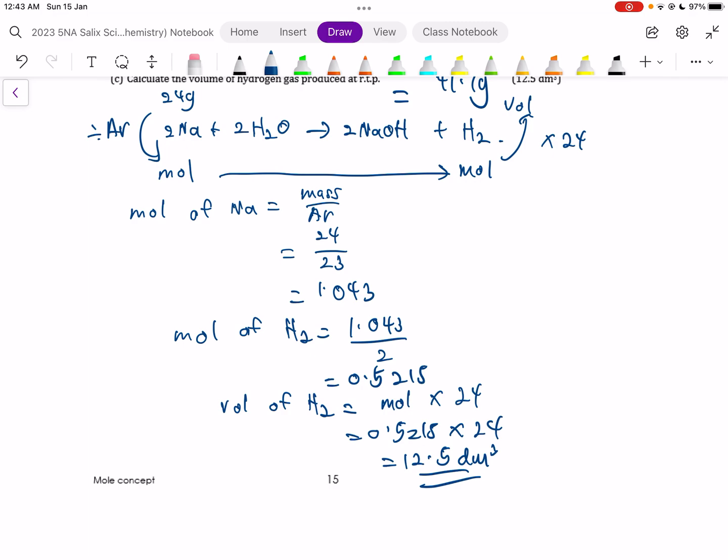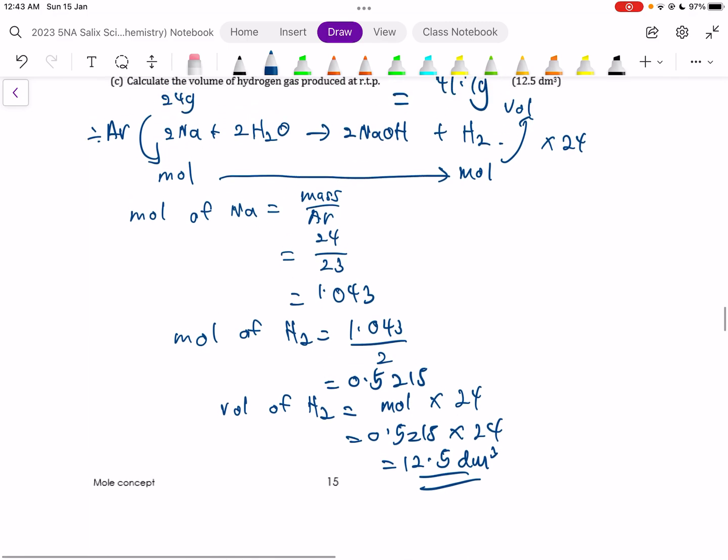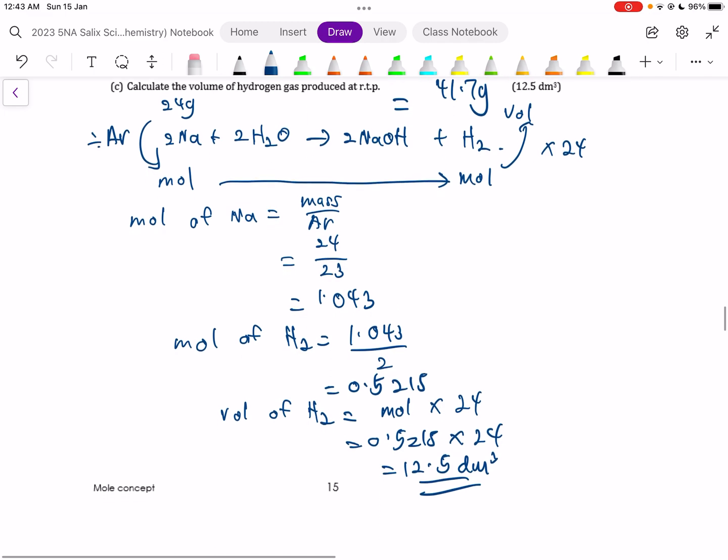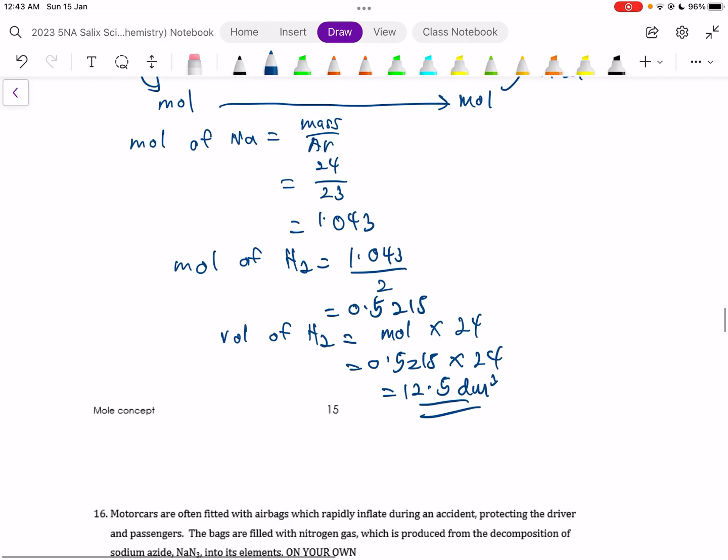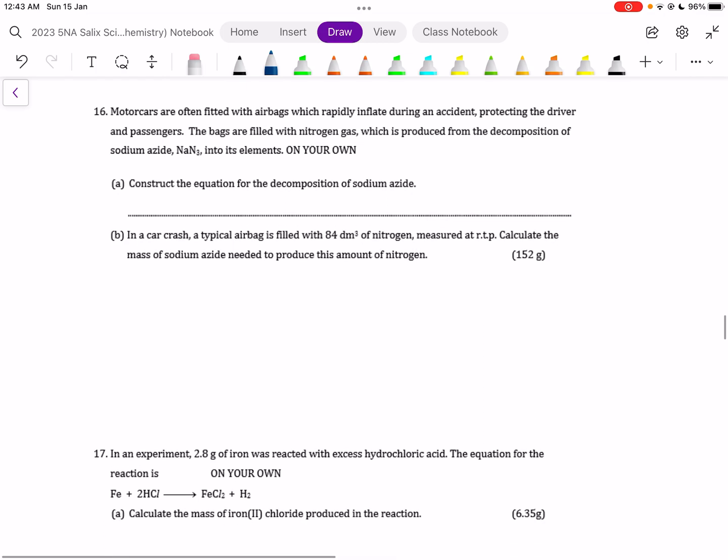Okay, so we are down to page 16 already. Any questions so far, please feel free to stop me. Okay, so next thing that we are going to look at is this one.